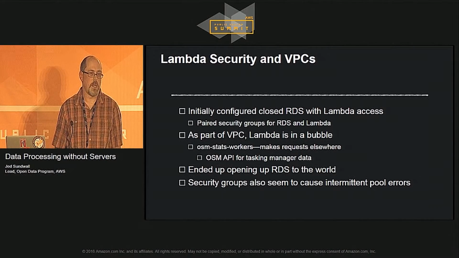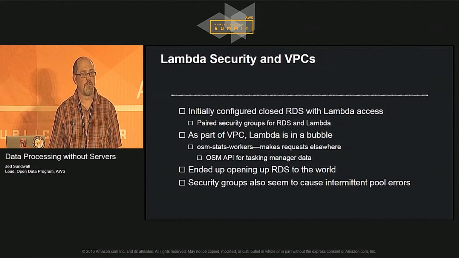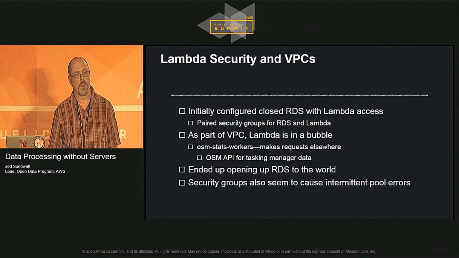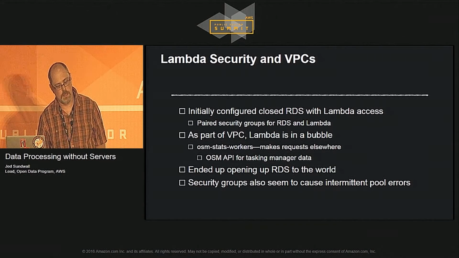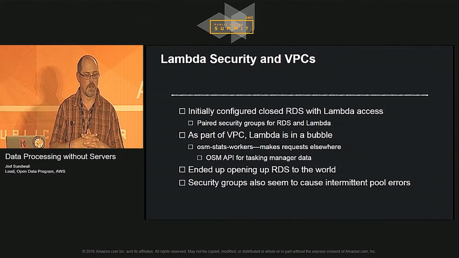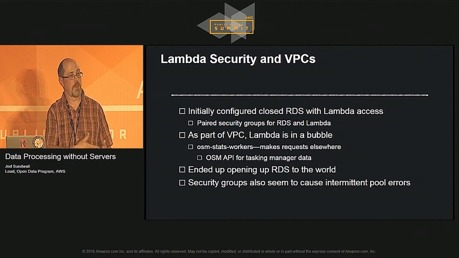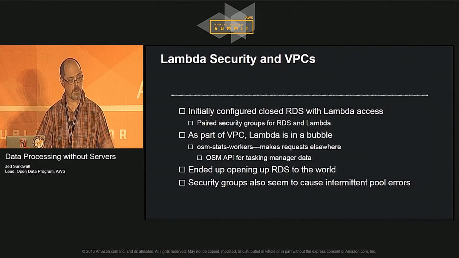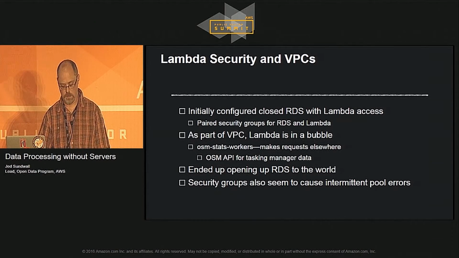So we said, okay, great. Add the Lambda function to a VPC, give it a security group, give a security group to your RDS, and pair those together so you give them permissions to see each other. Your Lambda function should now be able to see your database, which worked great. It was fine.